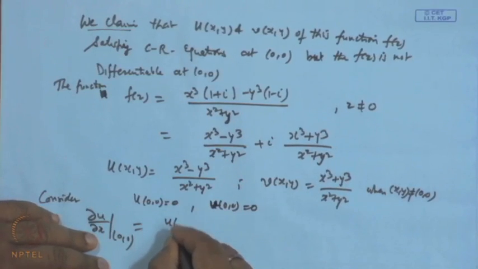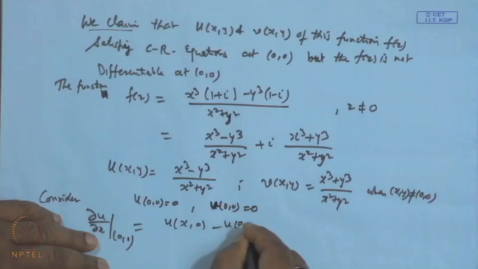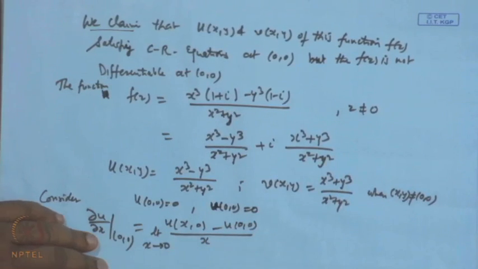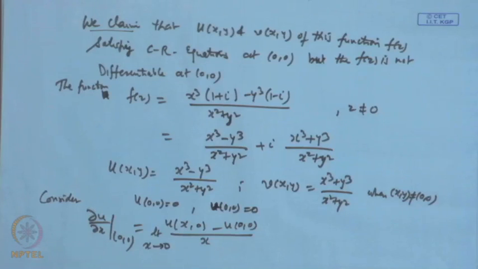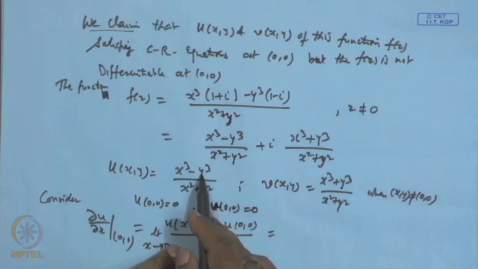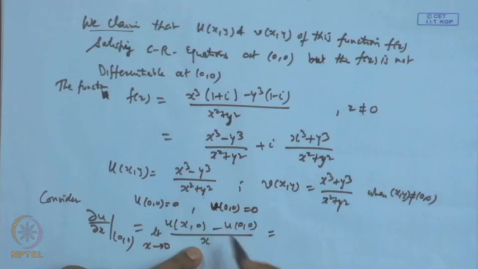So, u x 0 minus u 0 0 divided by x, and limit x tends to 0. This will be del u over del x at the point 0 0. Now, u is this. So, when you take y as 0, u becomes x cube by x square, which is x, so this is x by x. So, it is 1. Okay.